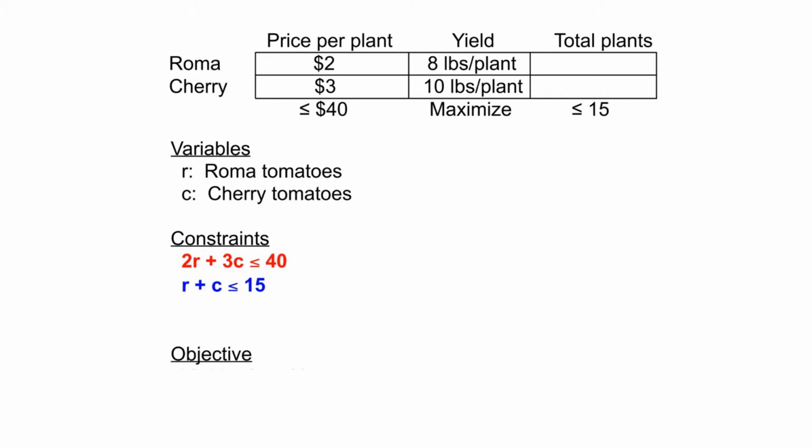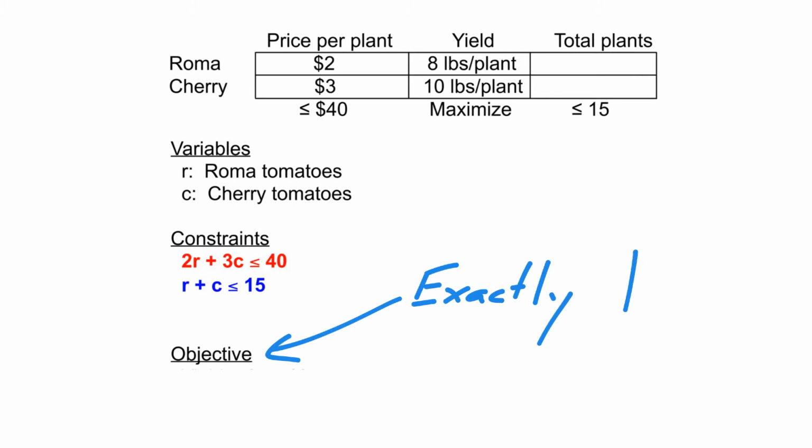All right. The next section that I have pre-labeled for you is objective. A few little notes about the objective here. There is always going to be exactly one objective. And our objective is always an equation. It's not an inequality or anything like that.